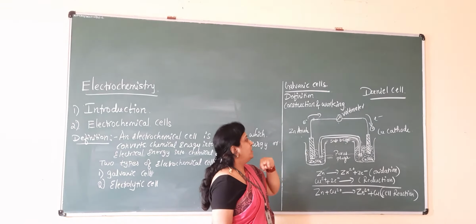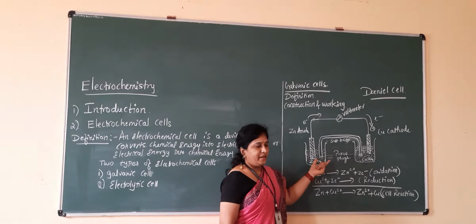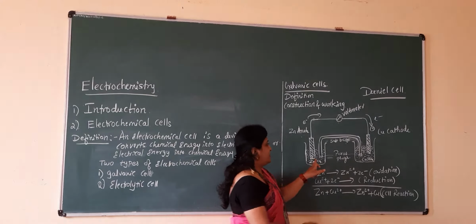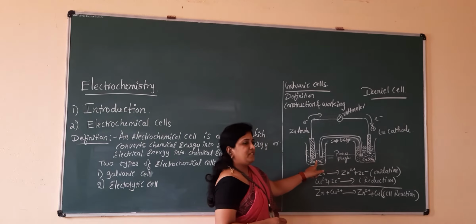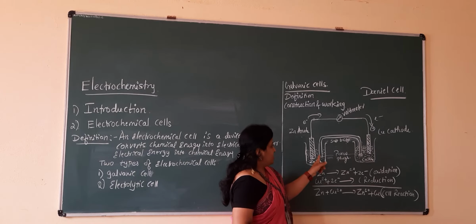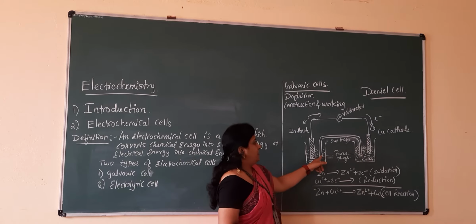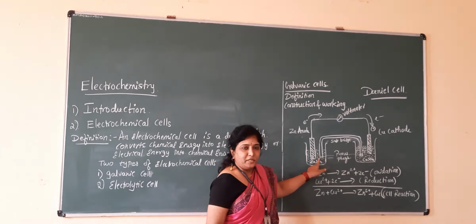Now the two solutions in the containers, zinc sulfate and copper sulfate, are connected through a salt bridge. As you can see here, the salt bridge. So what is a salt bridge?